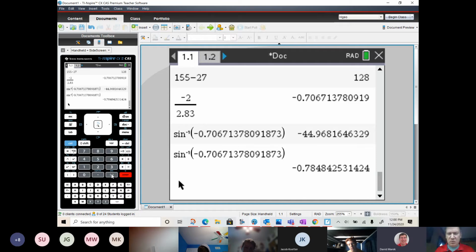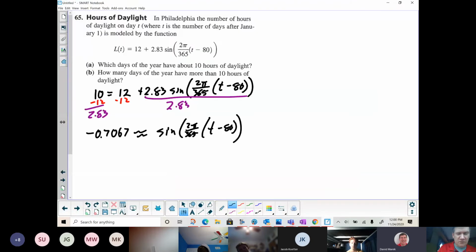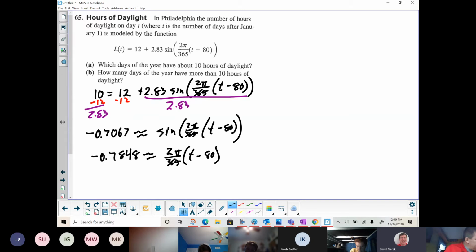So negative 0.7848 is pi over 365 times t minus 80. Again, we're trying to solve for t.